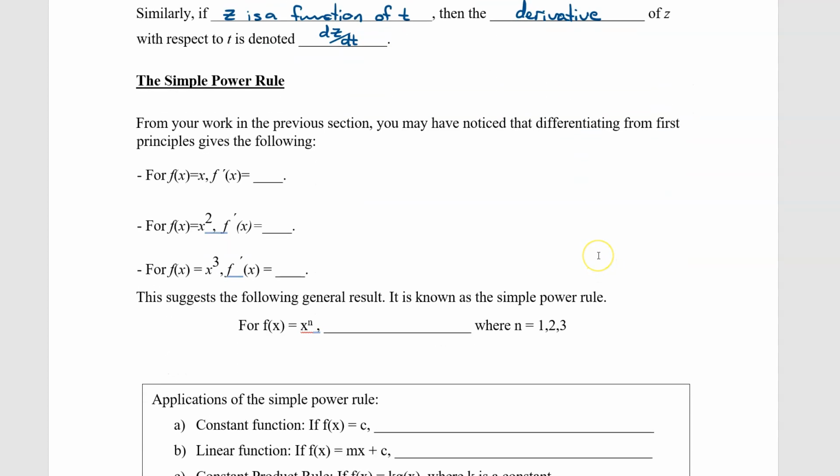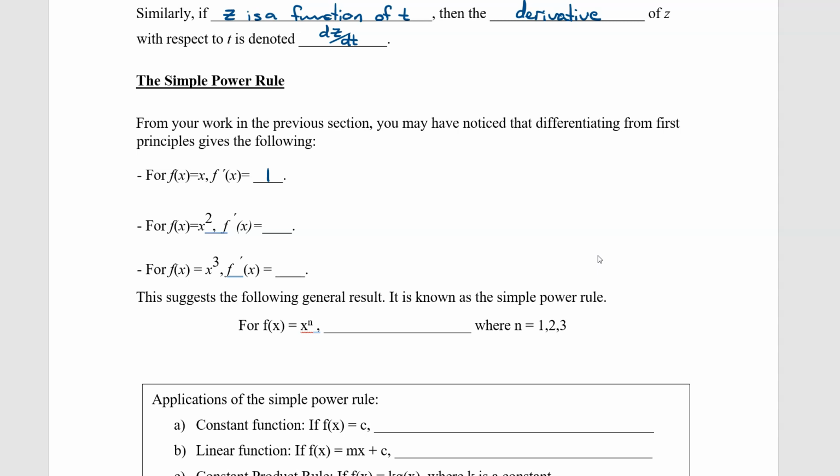Now, up until this point, when we've been calculating the instantaneous slope or the tangent to a particular function, we've been using first principles. However, you may have noticed that there's a pattern to what's happening when we do the derivative. Notice that if f of x is defined as x, you'd find using first principles that the function describing the slope is simply 1.